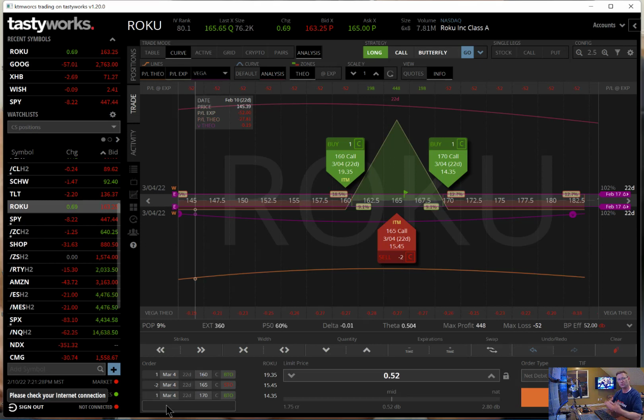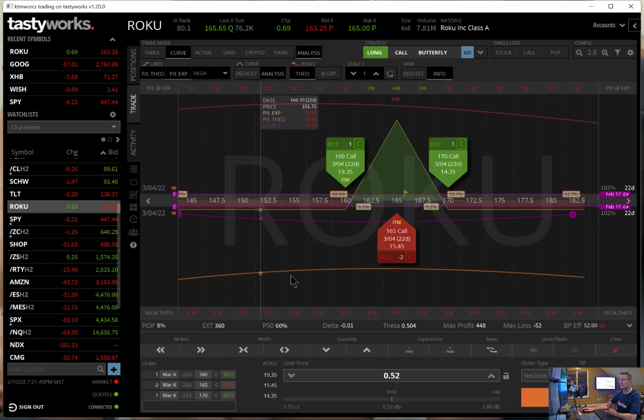So if you want to start doing ratio trades, if you want to start doing spread trades with protection built inside of them, you're not going to be able to illustrate that in a risk graph. Number two, with Tastyworks, it doesn't illustrate very well calendar trades, options where you're using different expiration months within the same trade.